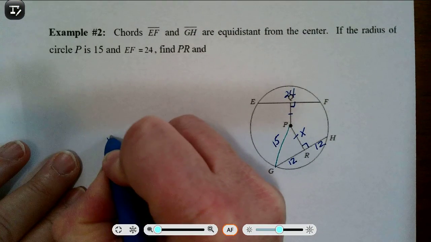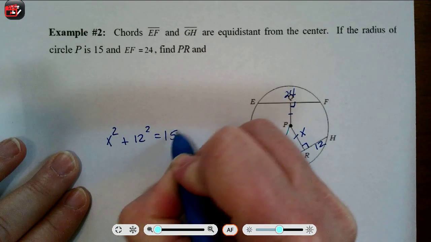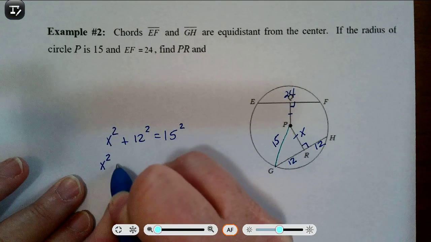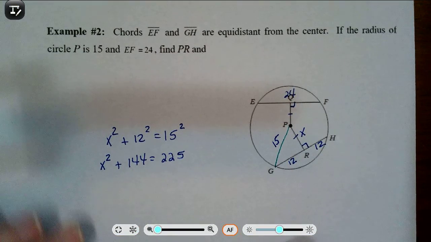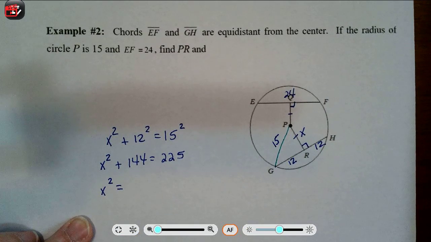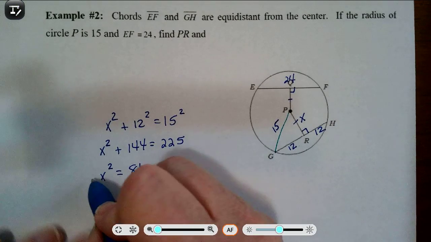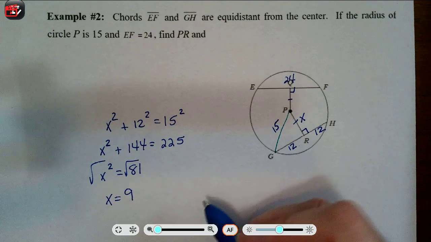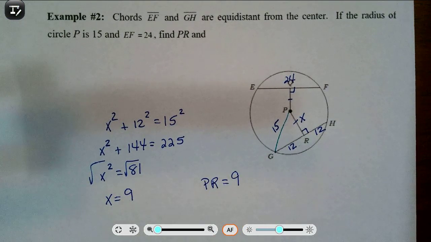I know that x squared plus 12 squared is going to equal 15 squared. So x squared plus 144 equals 225. I'm going to subtract 144 from both sides, and I get that x squared is equal to 81. I'm going to take the square root of both sides, so x is equal to 9. That means the length of PR is equal to 9 units.